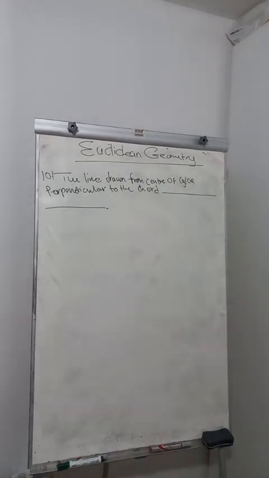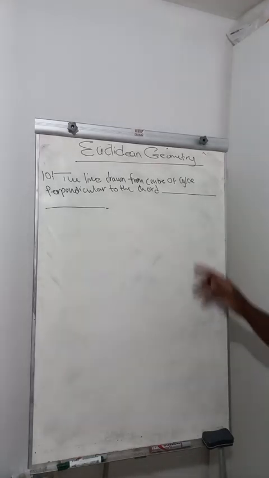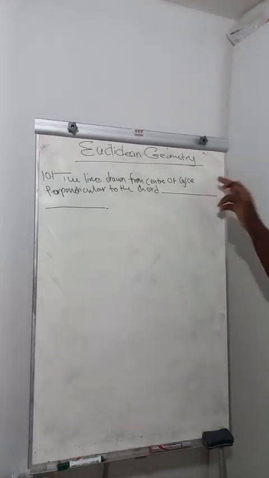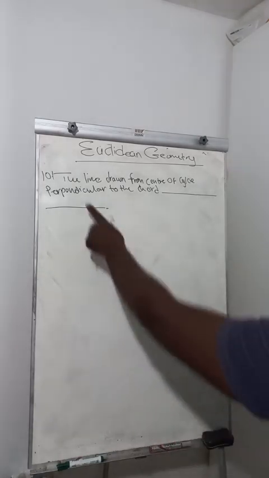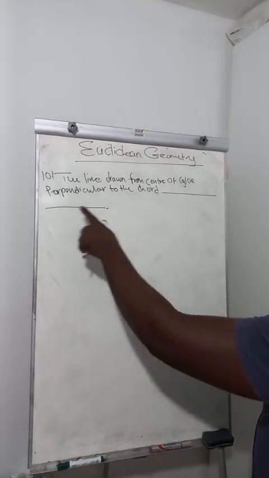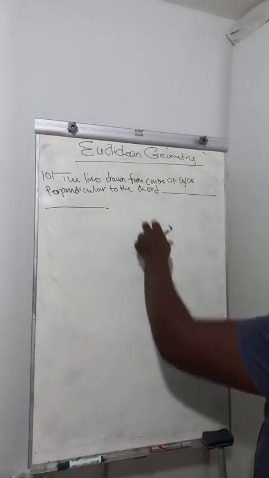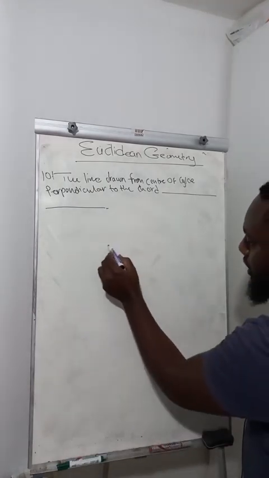So knowing your theorems, I'm sure it will say bisects the chord, because they're saying the line drawn from the center of the circle perpendicular to the chord.